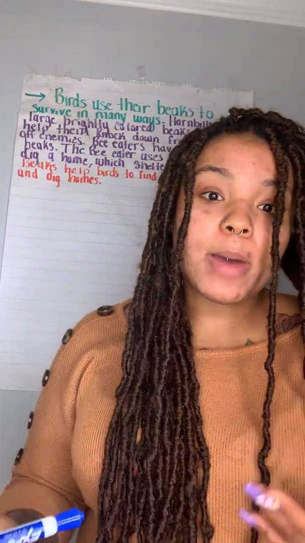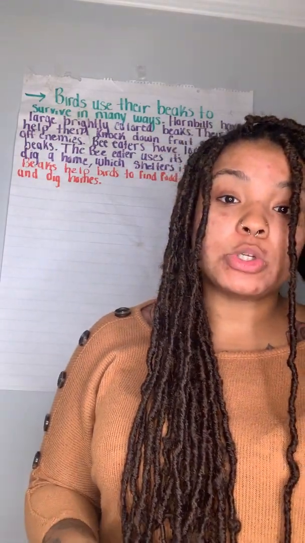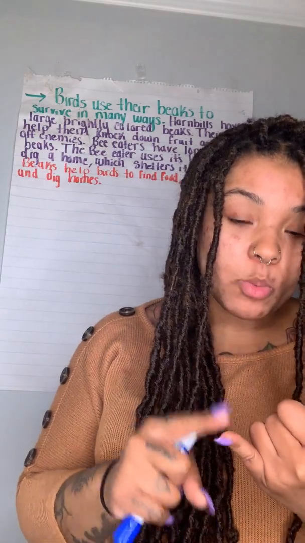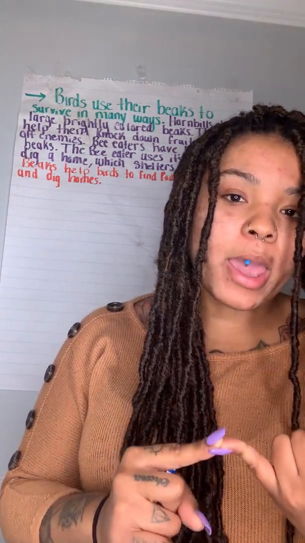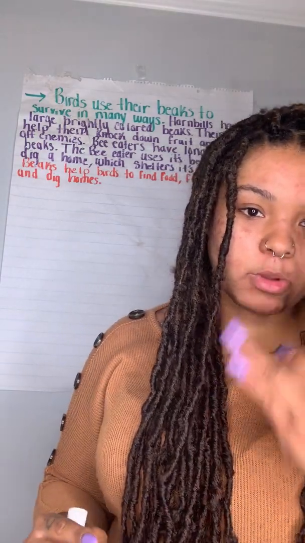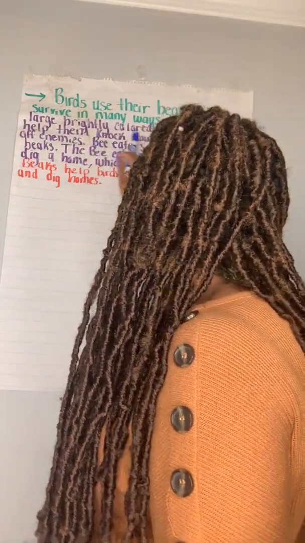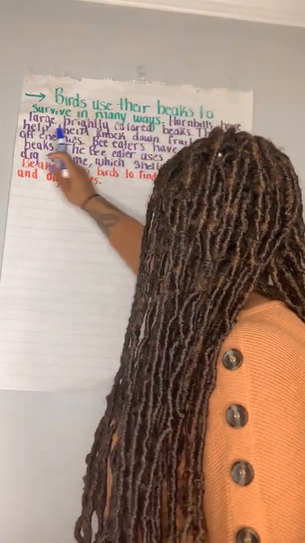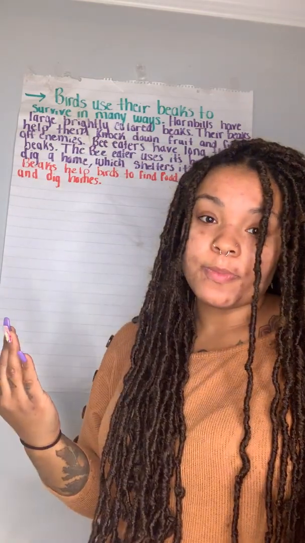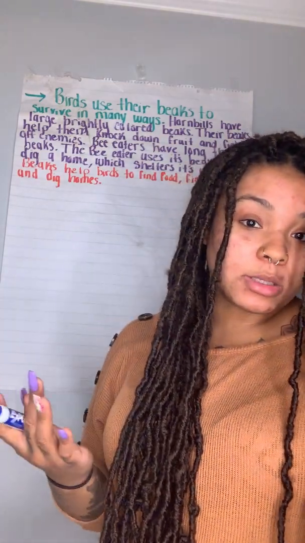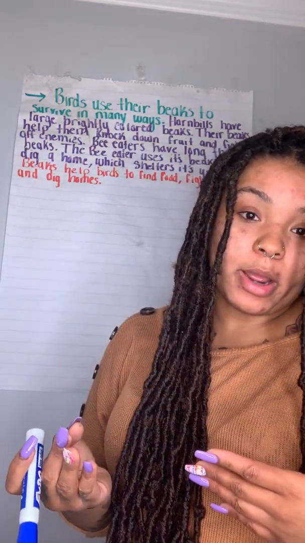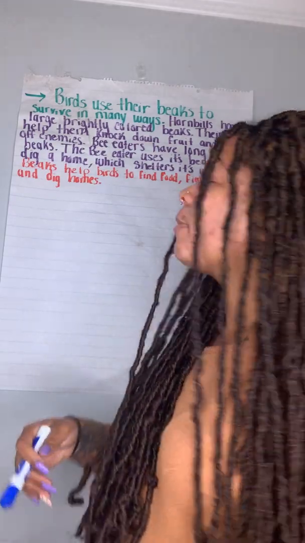So I want you to keep that in mind, because when you write your paragraph, I want you to tell me what the bird's beak looks like and how it helps it survive. Keep those two things in mind. Bee eaters have long, thin beaks. Again, I said what the beak looks like. I'm on to my second bird now. I just told you what it looks like.